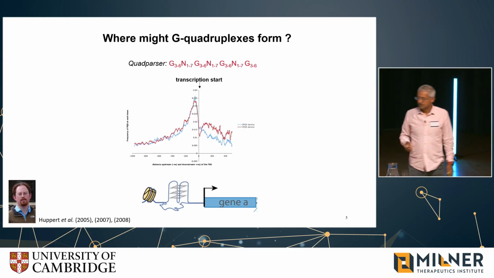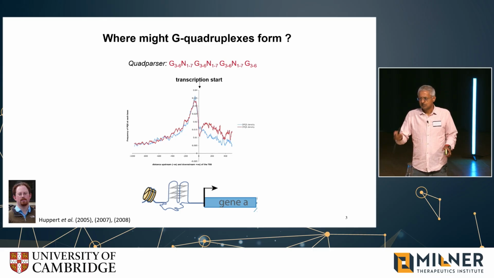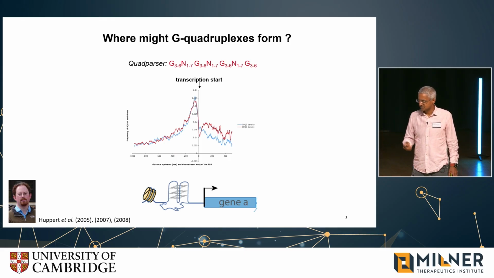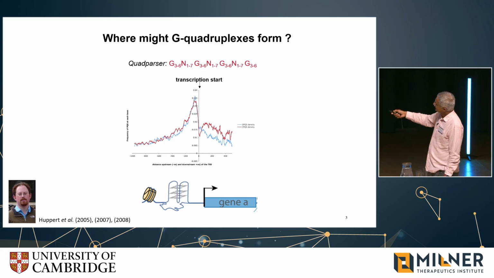And he did a motif search, and he found a couple of interesting things. One, there were lots of motifs in the human genome that we predicted had the propensity to fold into these structures. And 2, the hottest spot in the genome was actually right in front of transcription start sites of protein coding genes.